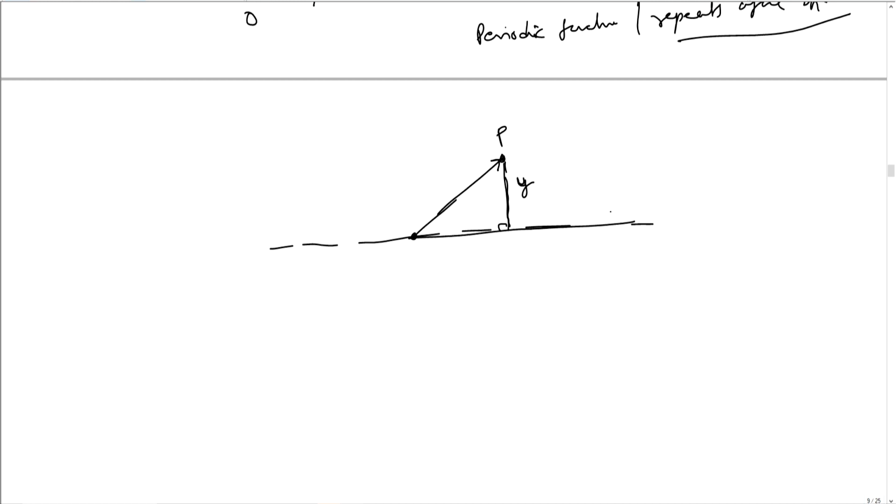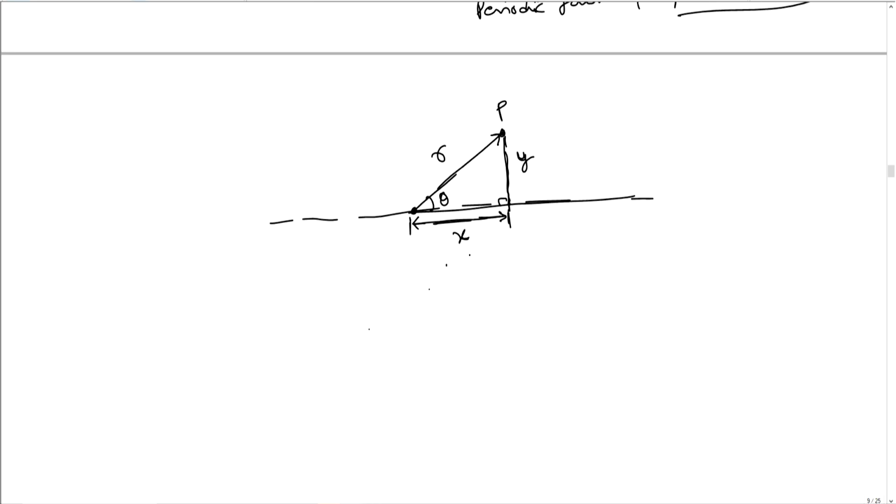But what if I want to calculate the distance from this fixed end to this point? Okay. So, how far is point P from the origin along this horizontal plane? Let us call it x. So, what if you want to find x? What would be x?